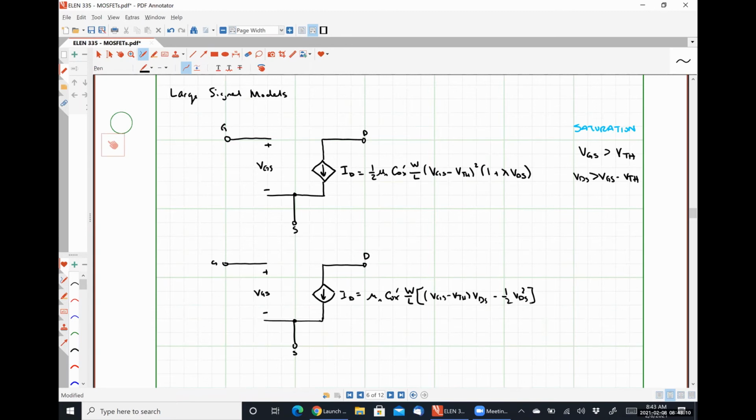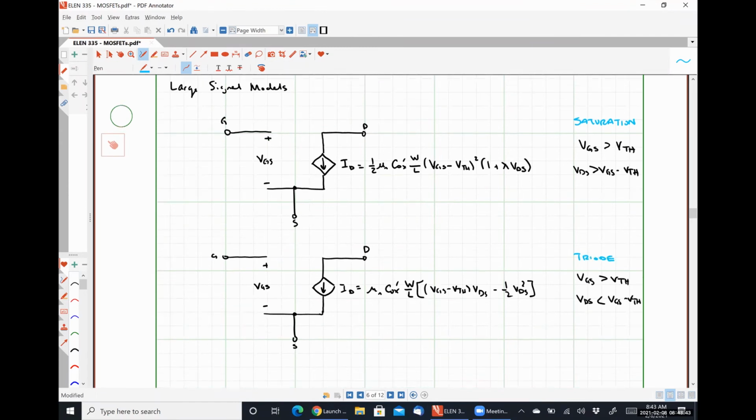This is valid for VGS greater than VTH when VDS is less than VGS minus VTH, which we have defined to be our triode region.